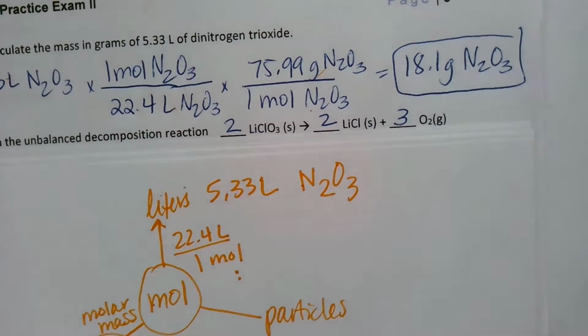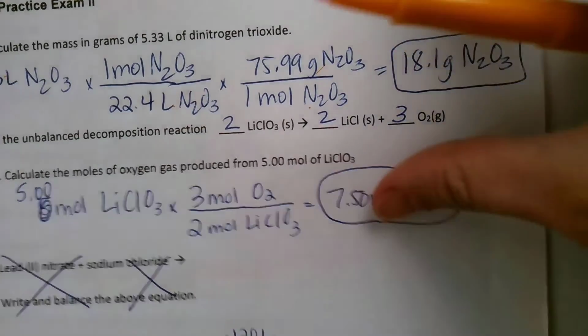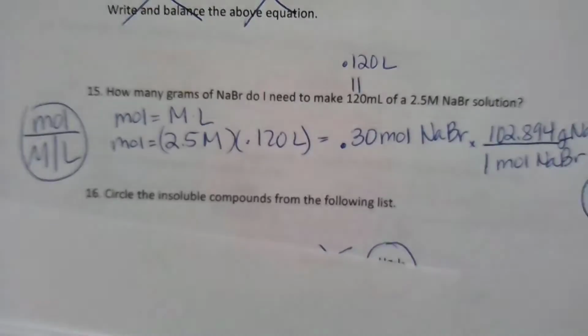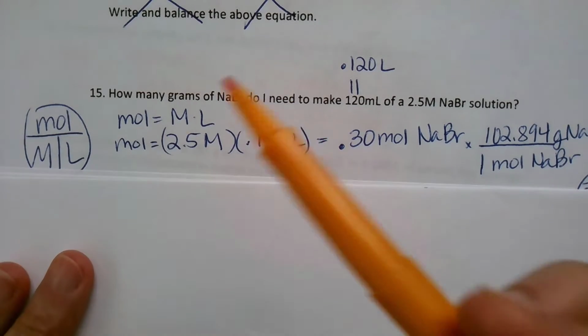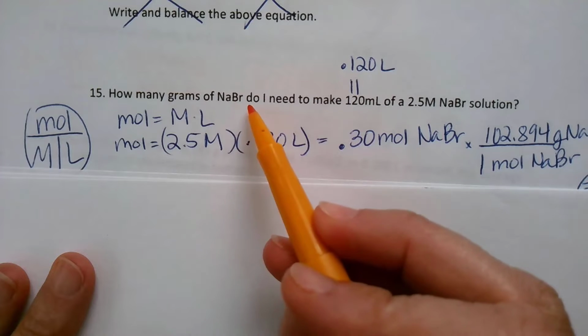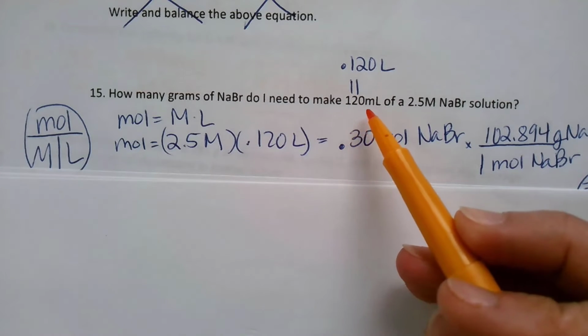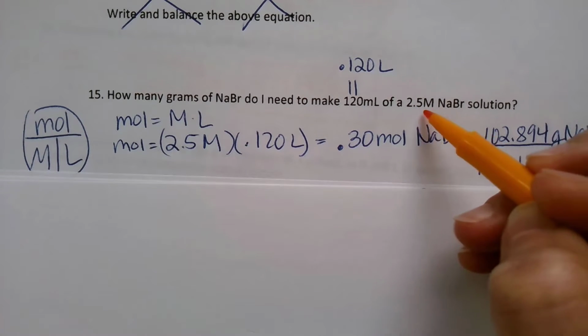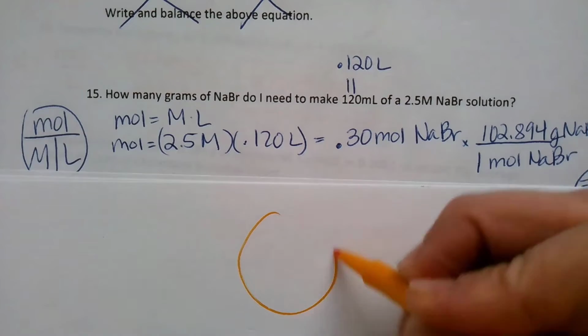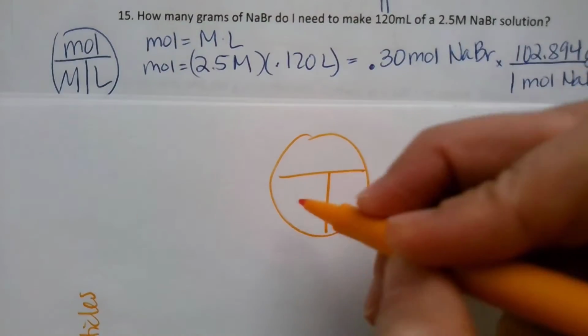Let's look at number 15. How many grams of NaBr do I need to make 120 milliliters of a 2.50 molar solution? So whenever we see this molar, that means concentration.